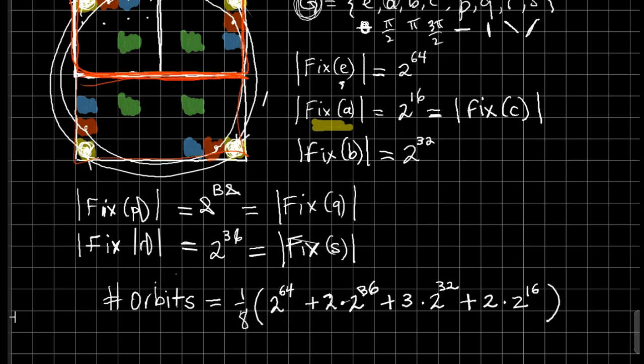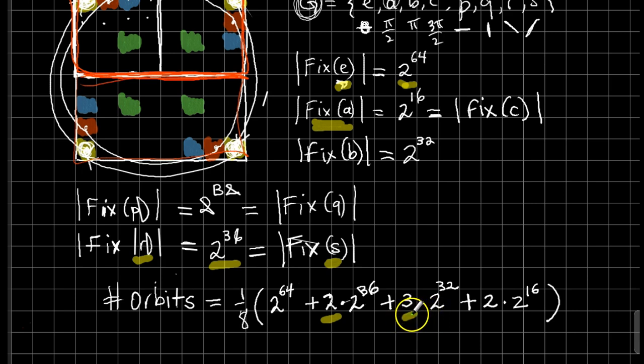So I just wrote down the remaining terms here, so just be aware of how many 2 to the 64. We have 1 for the E. Let me actually highlight it. So for E we have 2 to the 64. For R and S we have 2 to the 36, so that's where we get the 2 here.